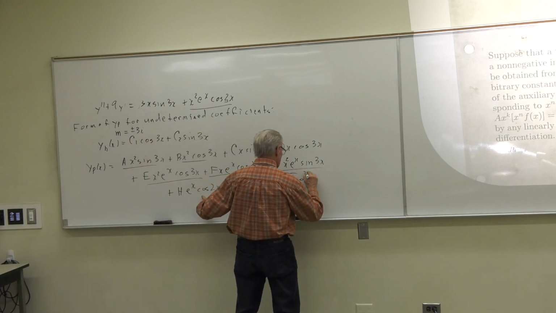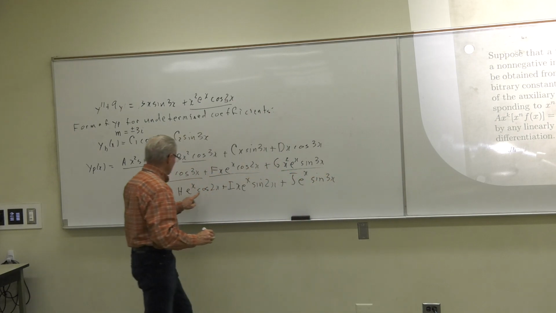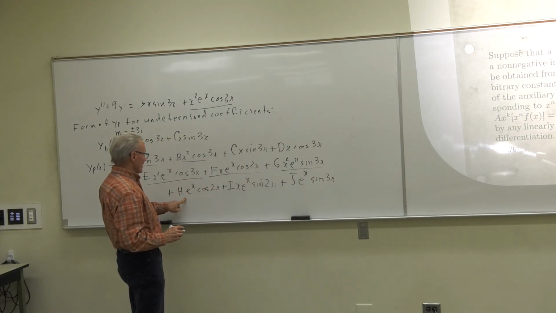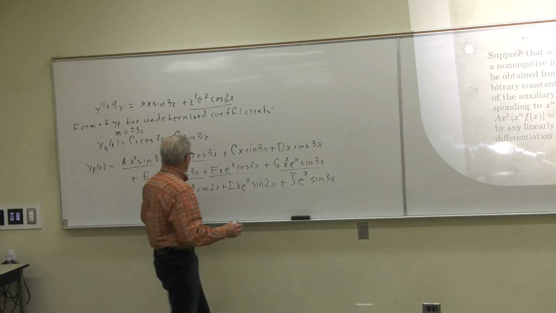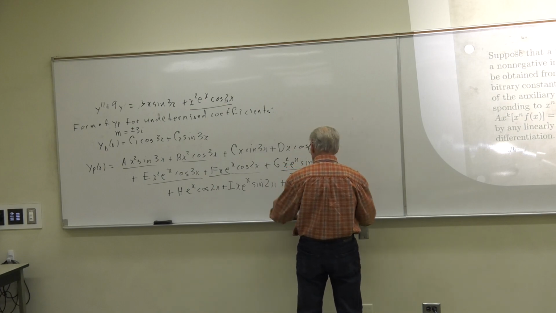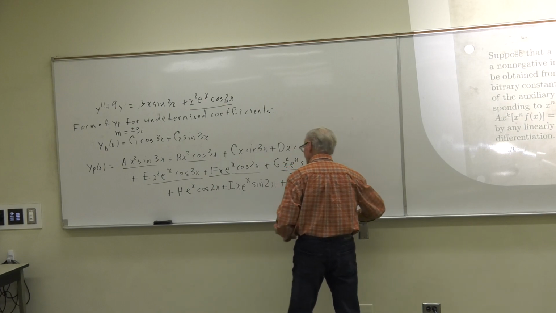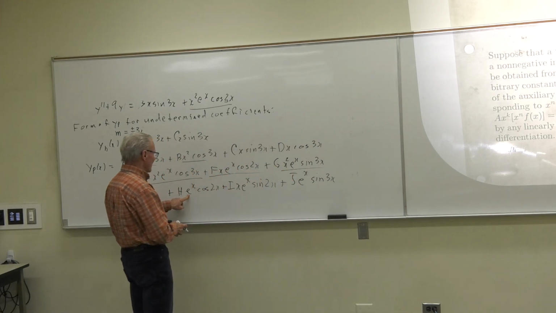J e to the x sine 3x. This one's under that one. This one's under that one. No, there's not just plain cosines. That's it. This one's under that one. Back again.